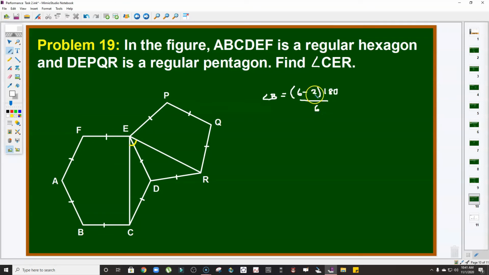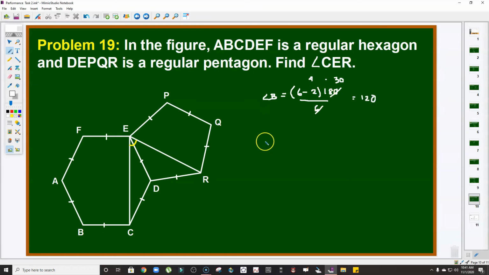So 4 times, this one will become 4, tapos 180 over 6, so this maka-cancel yan, this one will become 30. So 30 times 4, therefore, ang regular angle ng hexagon is 120 degrees.